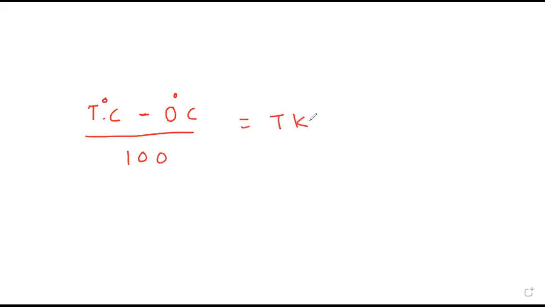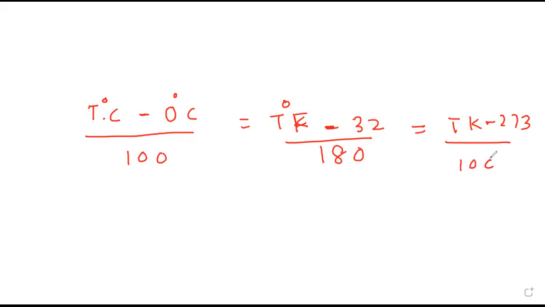Then T Kelvin, T degree Fahrenheit minus 32 degree upon total 180 divisions. This equals T Kelvin minus 273 upon 100, because this is its starting point.